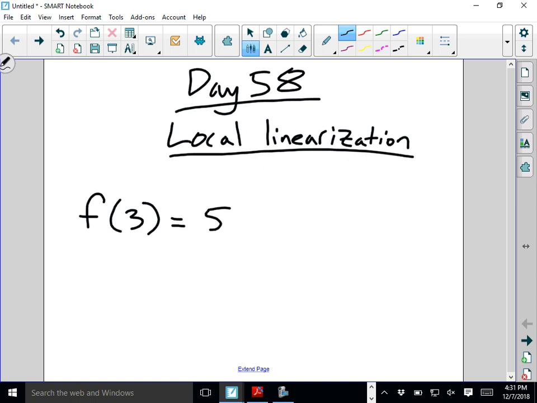And we also know the derivative at 3 is, I don't know, let's say 2. Choose easy numbers here. Okay.